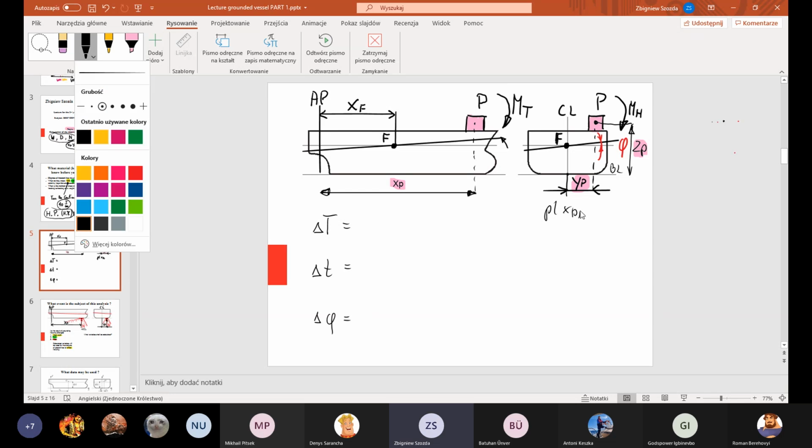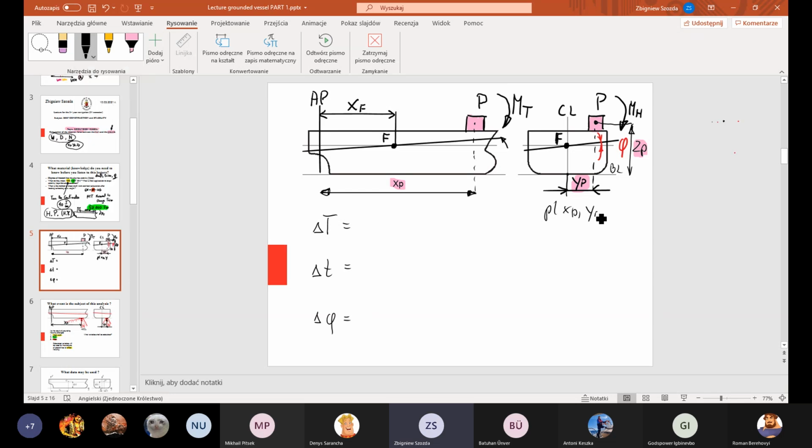Who is brave enough, who remembers correctly the method of calculation? I open the discussion.